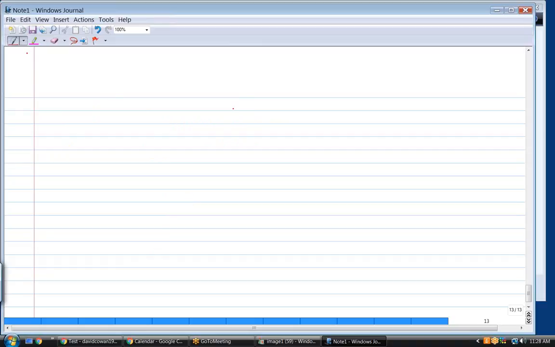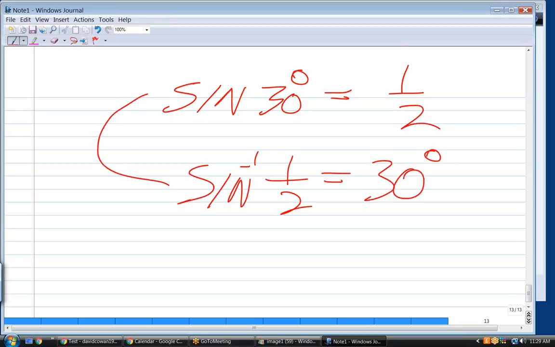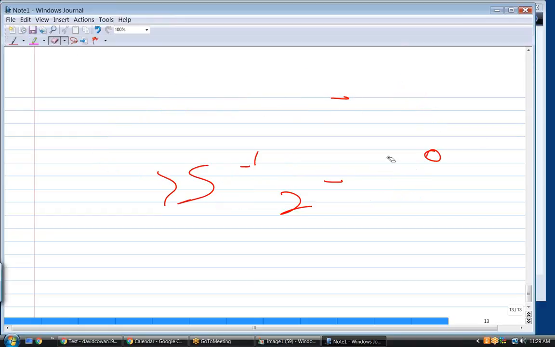I don't know that you actually have to think that way to solve these. The best way to really solve them is we take sines of angles and we take inverse sines of numbers. In other words, these two statements are if and only if. If the first one's true, the second's true. If the second one's true, the first one's true.